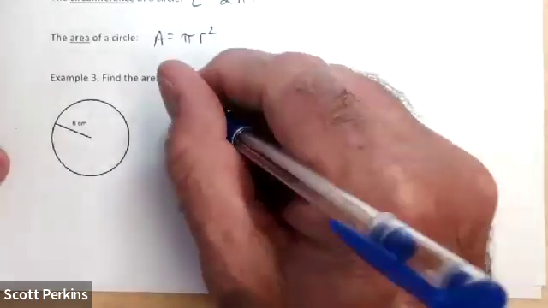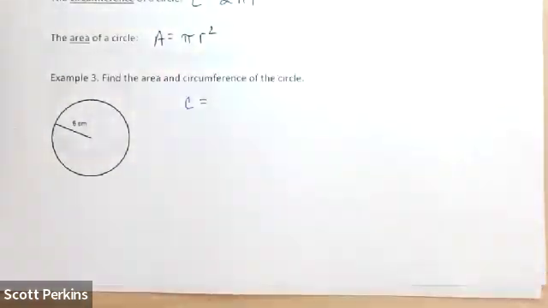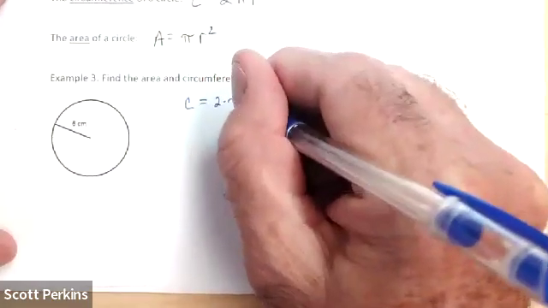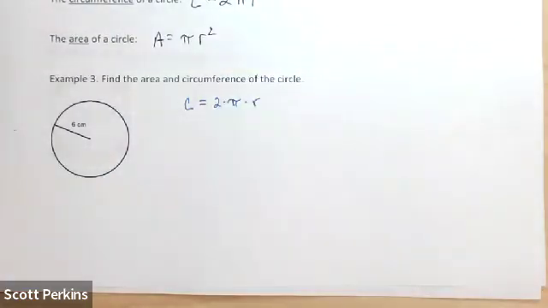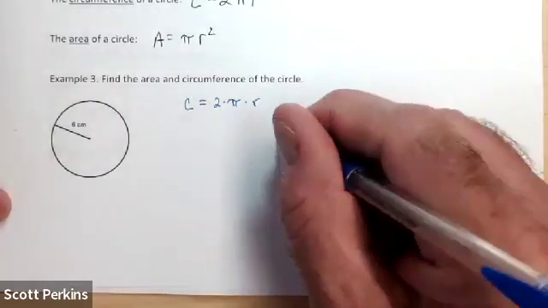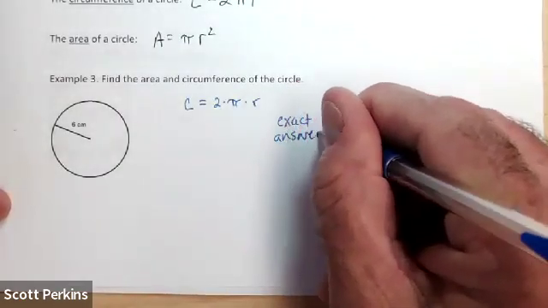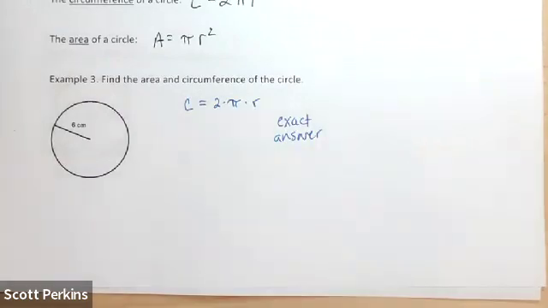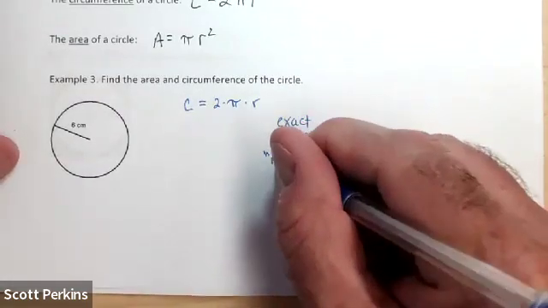We're going to start with the circumference. The circumference, the distance around, if I was to put a fence around this, is 2 times pi times r. Now, the first thing that we're going to do is write the exact answer. The way this might be phrased is to write it in terms of pi.